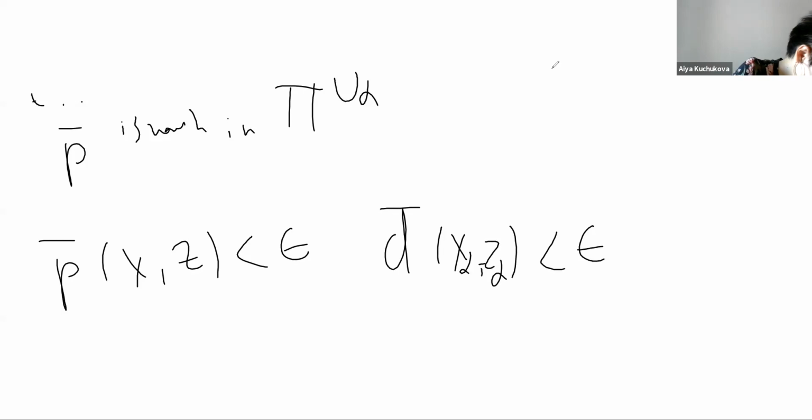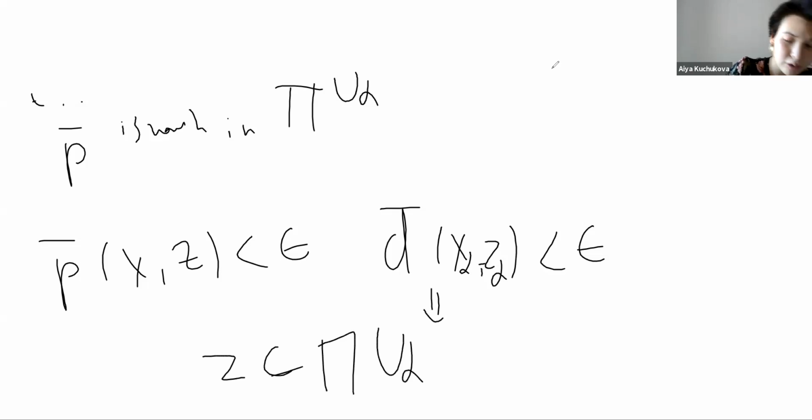Okay. Then basically what happens is that it means that z is in our base, right? Because if some, like say U100 is just equal to R, then of course z is inside, one of its coordinates is inside.